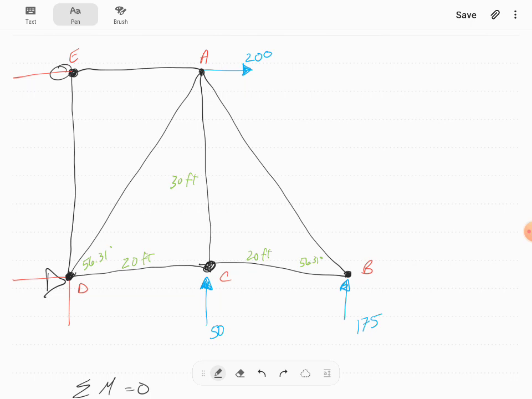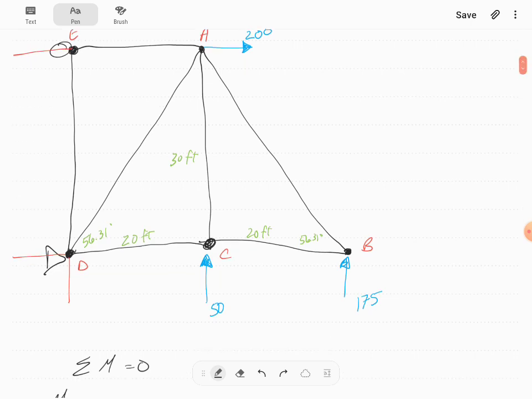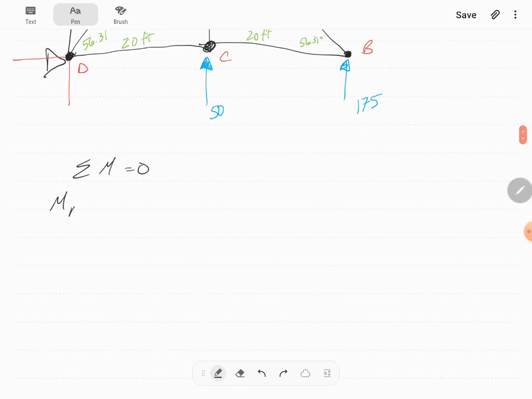They happen where force is applied or where a reaction happens that is not the pivot point. So we have a moment at A, a moment at B, a moment at C. We do not have one at D because that is the pivot point, and there is a moment at E. And all of these moments are supposed to add up to 0 if this is in static equilibrium.